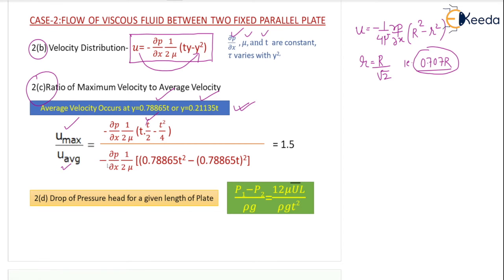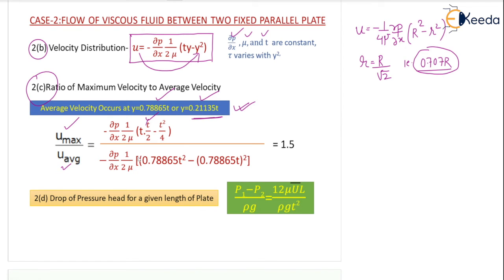Now in the average, what is the formula? In place of y you have to keep 0.78865 t, either this value or the other value. From both the values you will get the same answer. Minus of dou p by dou x 1 by 2 mu into 0.78865 t minus of 0.78865 t whole square, bracket close.